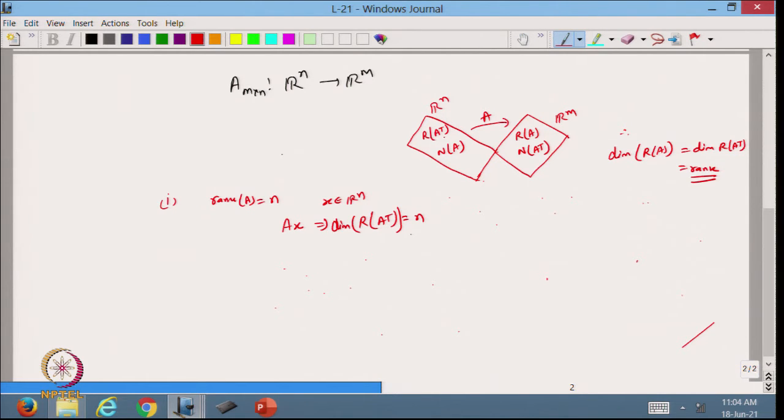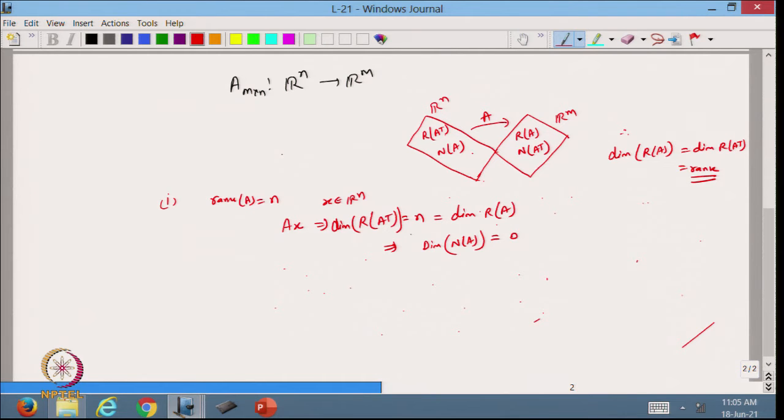Now, these subspaces are coming from Rn, but we found that the dimension of R A transpose is n, and that is also the same as the dimension of R A. So, from here you will know that the dimension of the null space will be 0, because it is already completely n.